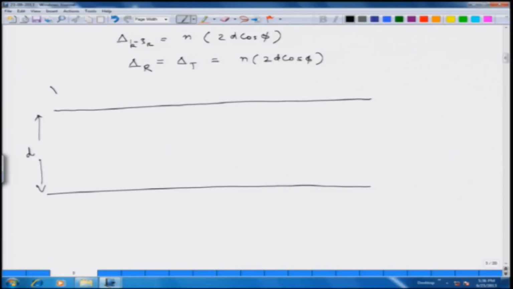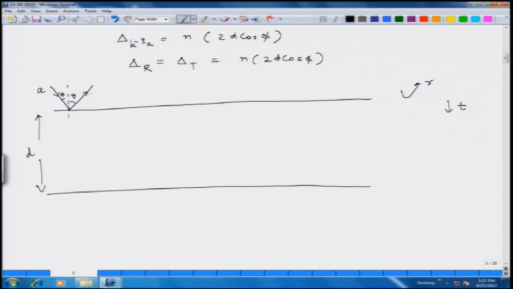So, let us say the incoming amplitude is A, and I know from the Fresnel coefficients that if it is getting reflected from this surface, let me call that fraction small r. If it is getting transmitted in, let me call that t.